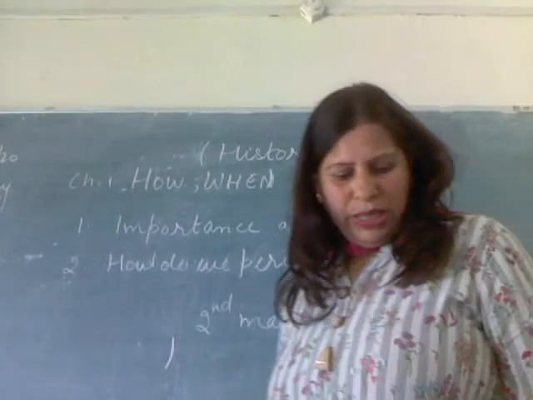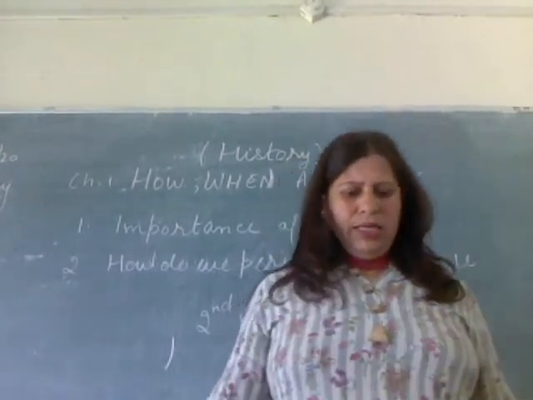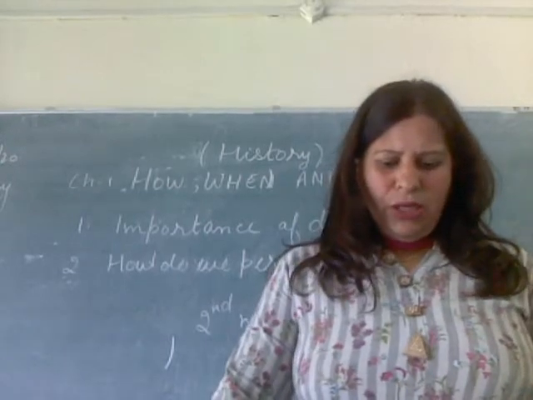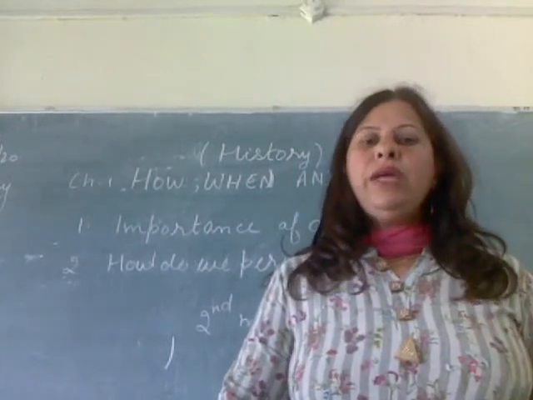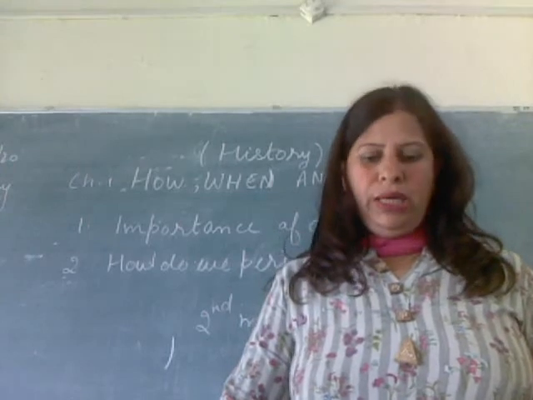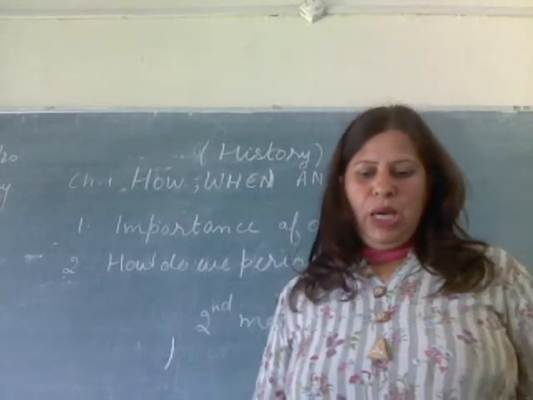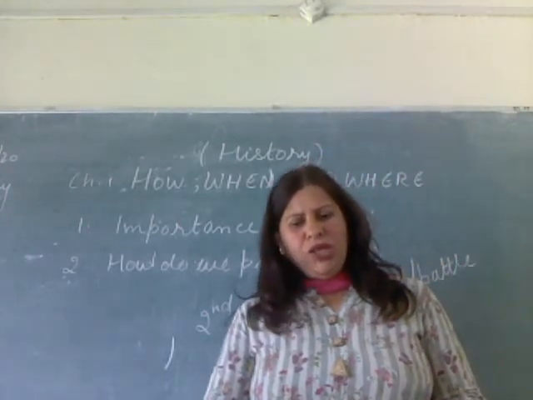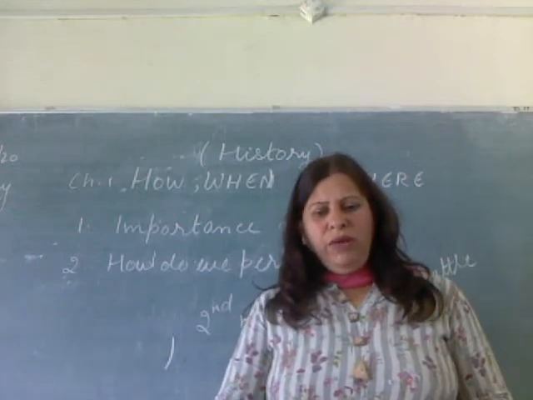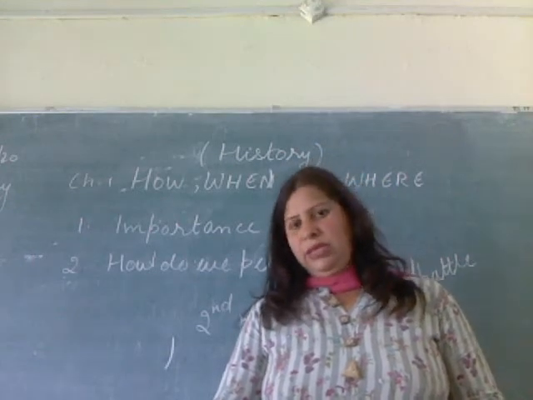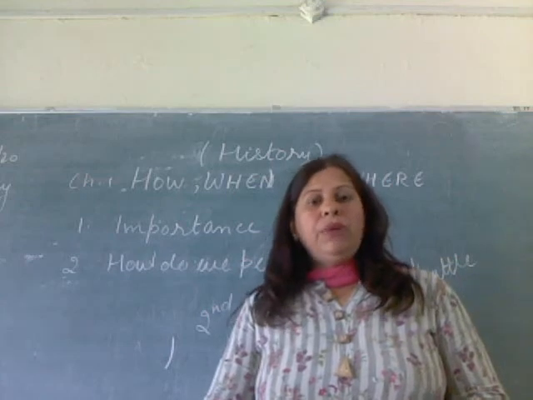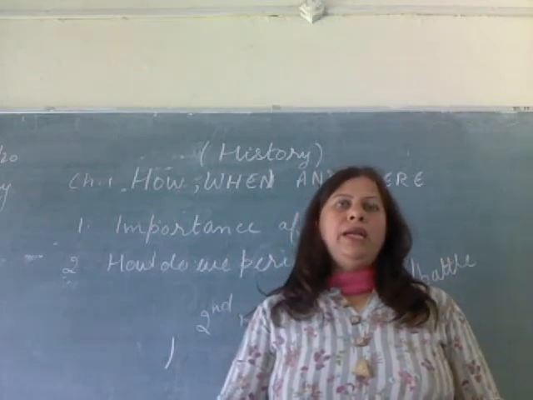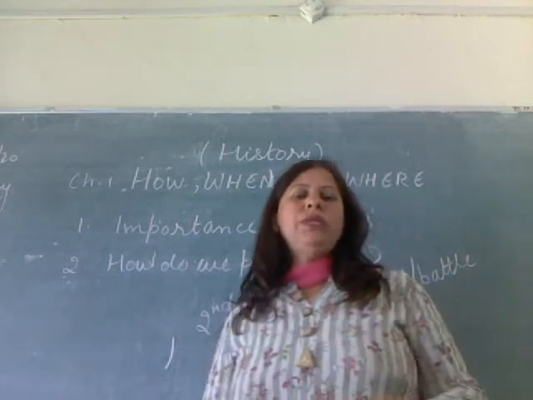The set of dates is important for us. When we write history or a story, we divide it into different chapters. In the same way, the Britishers divided history into three parts.